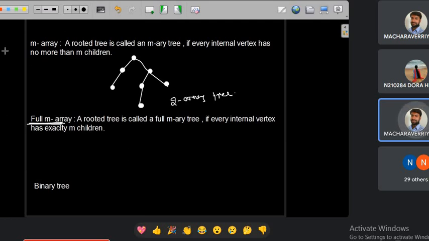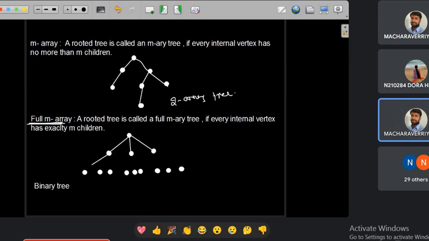Like the graph you draw in the Stalin movie. You take the initial person, he will help 3, and these 3 need to help the remaining 3. So if you look at that graph, it is going to be a full 3 array tree.